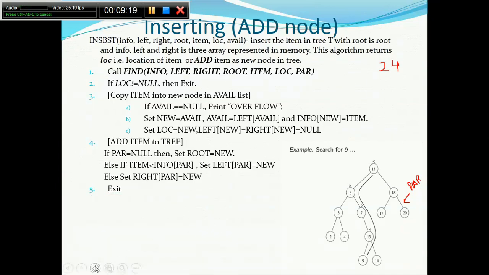Suppose this is the node I have created. It has 3 parts: left, right and info. Suppose 24 is inserted here.